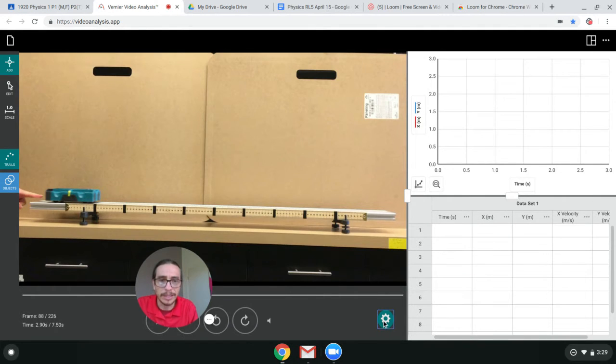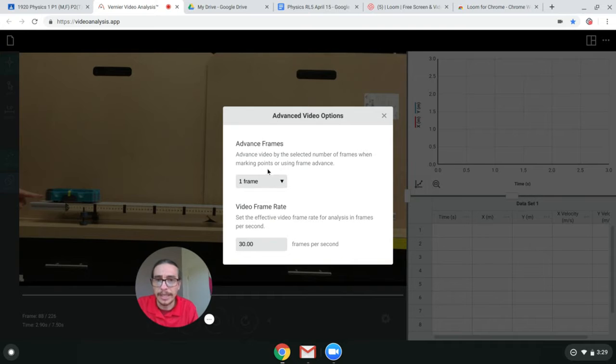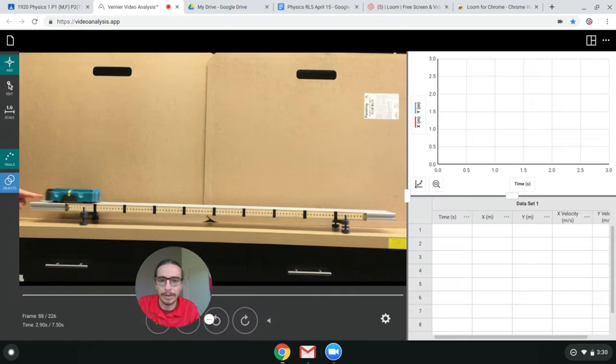So maybe we can skip every 10 frames. We click on this and choose 10 frames. We can always go back and choose 5 frames and get more data, but we might be satisfied with 10. I know I said 5, but looking at this now, 10 will go a lot quicker.